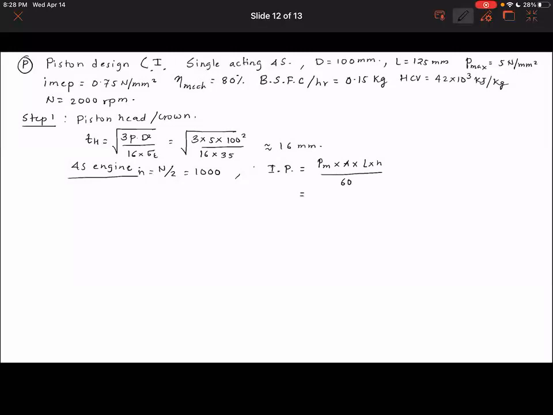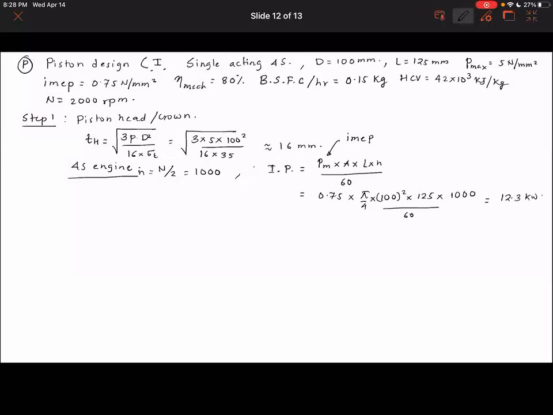So this is IMEP 0.75 times area, pi by 4 100 square multiplied by 125 multiplied by 1000 divided by 60. And the reason I need to do this is because the brake horsepower is not directly given. So this is 12.3 kilowatts.